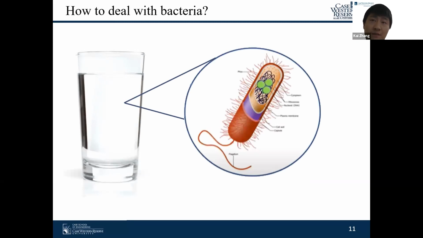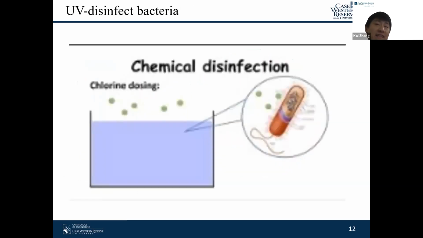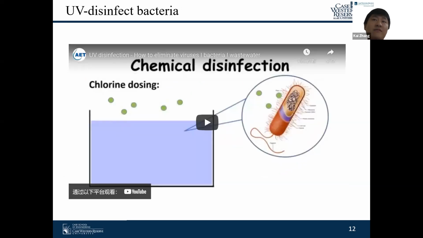And if there are, how to remove them or how to reduce the possible harmful effects of those microorganisms. And the environment engineer have the solution. We can use the UV to disinfect the virus or the bacteria or various microorganisms. So let's see how it works.